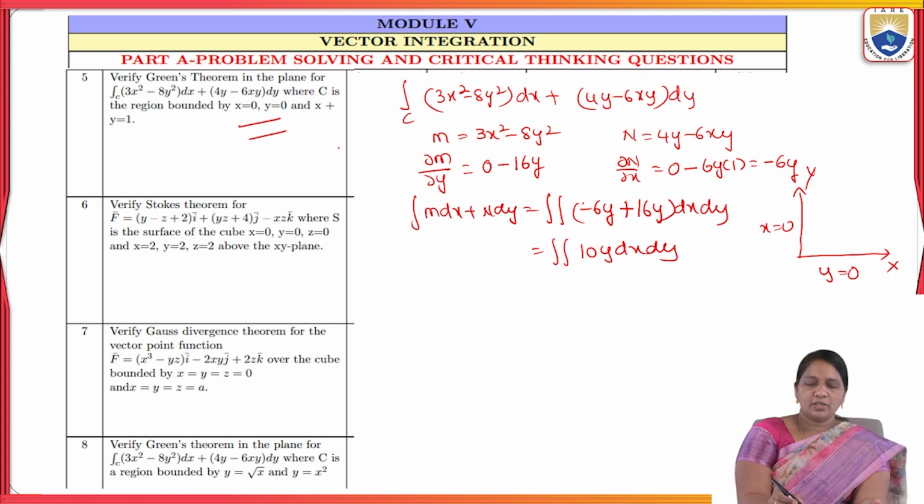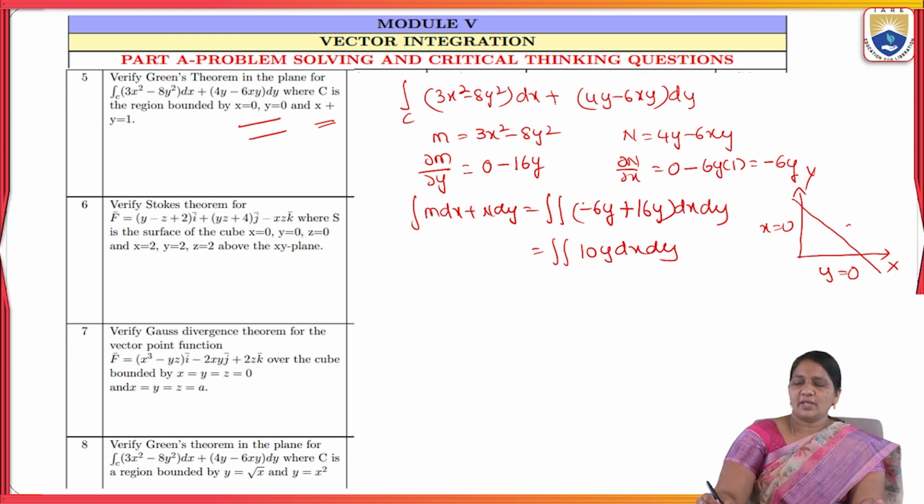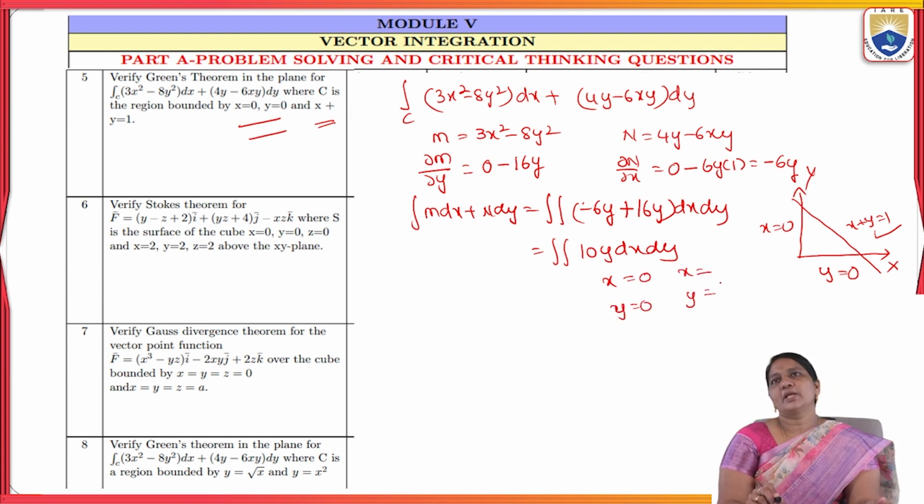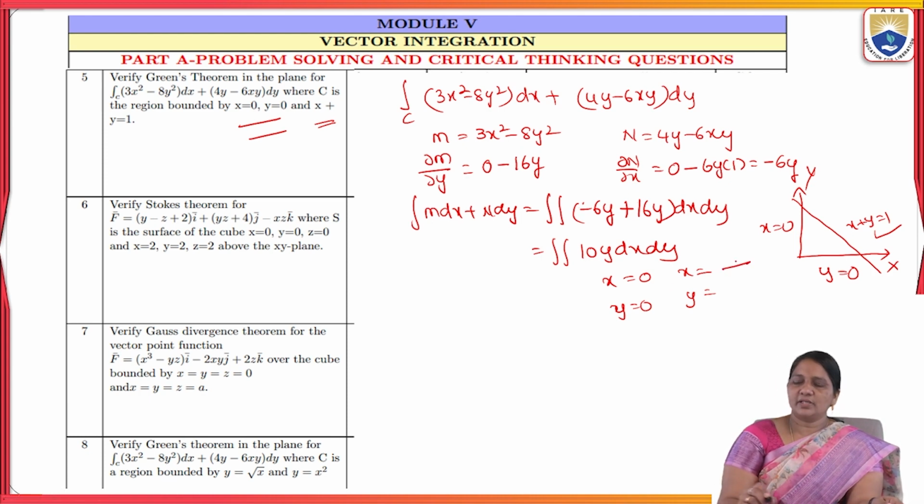So now here x plus y equal to 1. We can observe this line as x plus y equal to 1. So now from these values we are going to get the x limits, from x equal to 0 to some value, and y equal to 0 to y equal to some value. So I can write here x equal to 0 to x equal to 1 minus y.